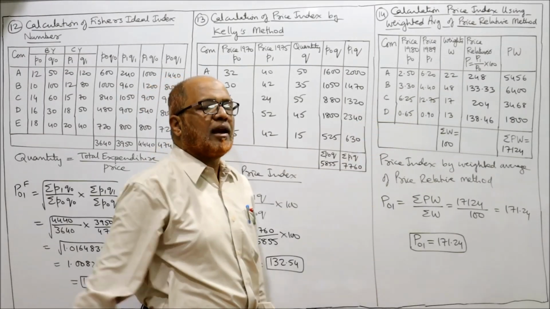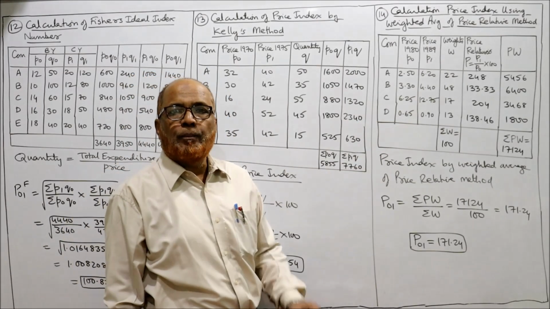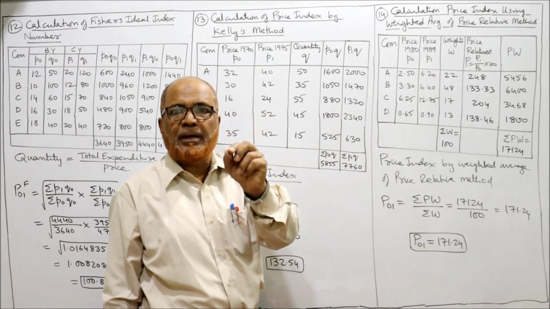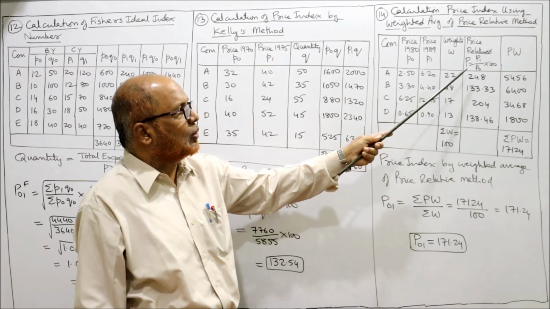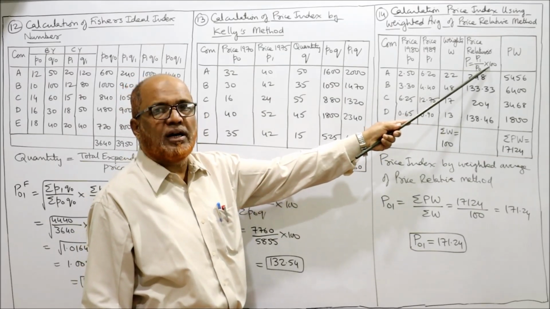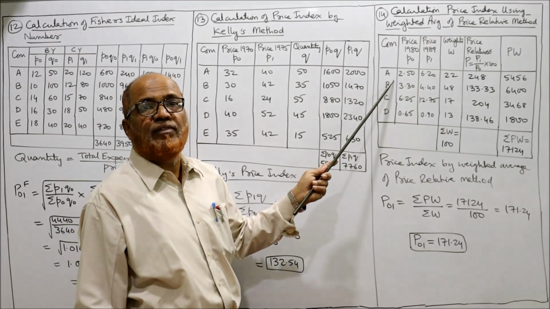Now first we calculate price relative. So price relative का formula capital P is equal to P1 by P0 into 100. Here I have shown capital P is equal to P1 by P0 into 100 for every item, for every commodity.